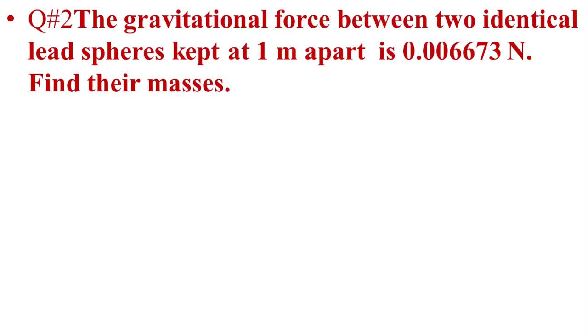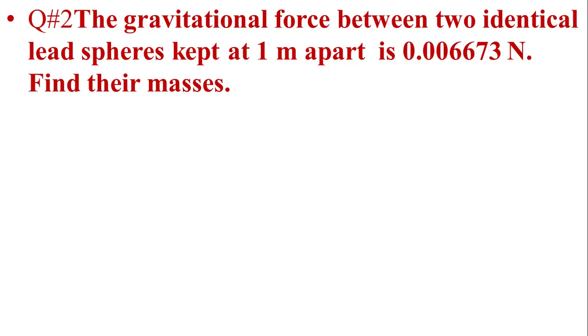In the second numerical, the force of gravitation between two identical spheres kept 1 meter apart is 0.006673 Newton. Find the masses. First of all, we read the statement carefully.